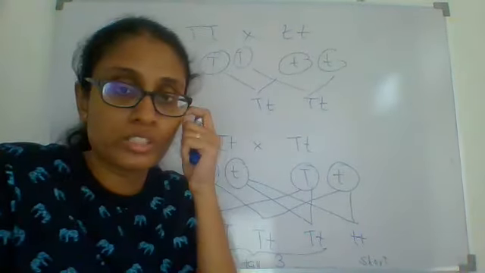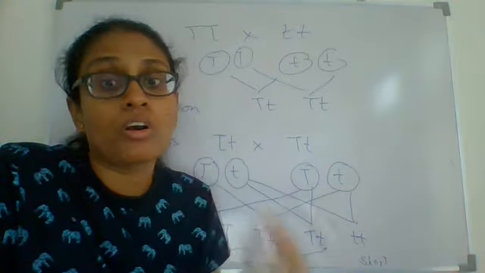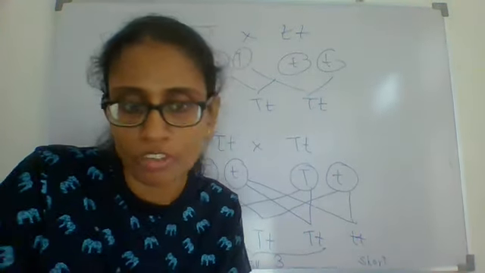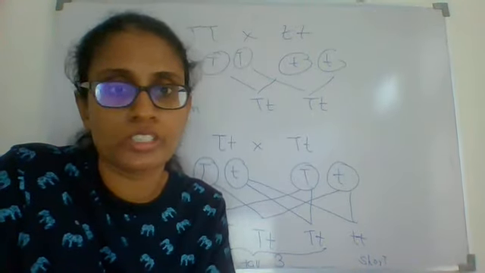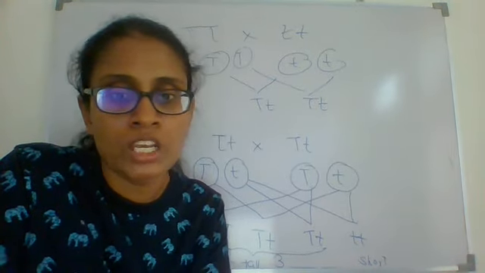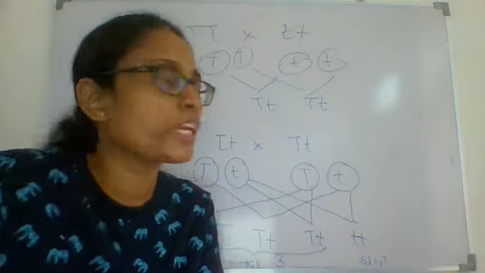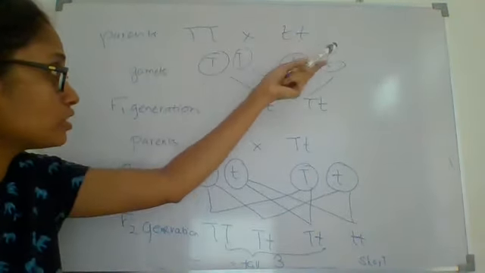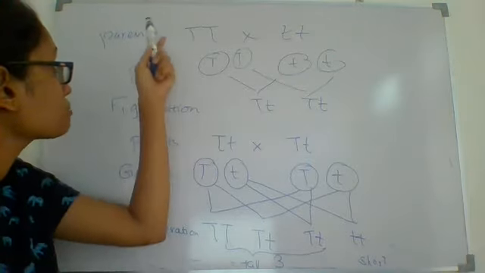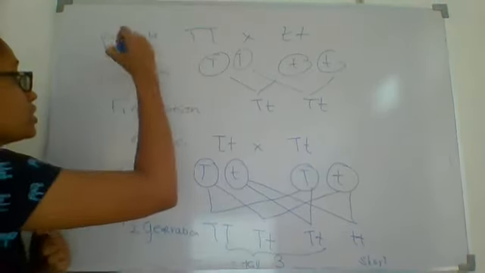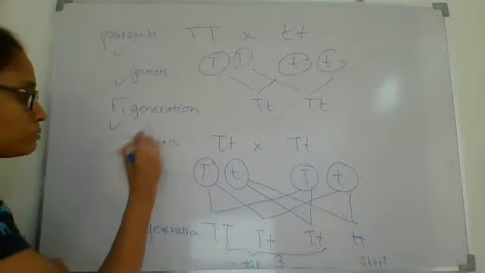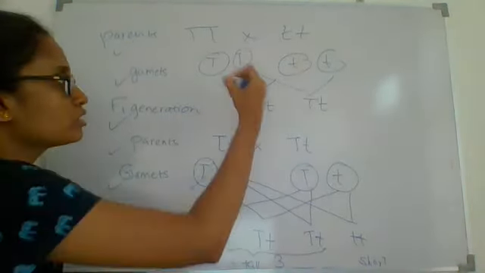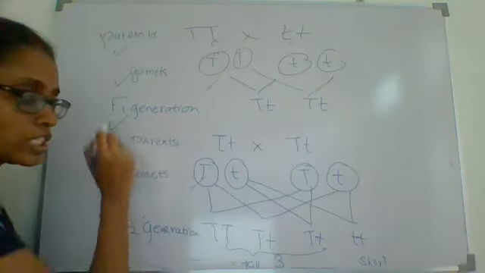You can use that one also to get the genotypes and the phenotypes of these generations, because they allocate marks for these genes, gametes, even these you will get marks. First generation, parents, gametes, F2 generation. And for these also, they allocate marks. So this is very important.